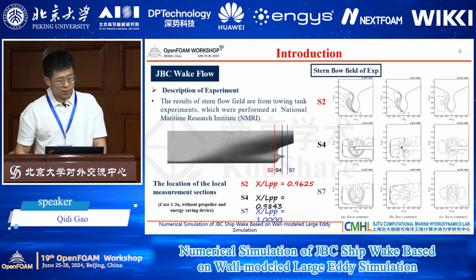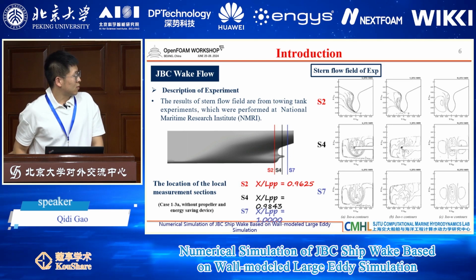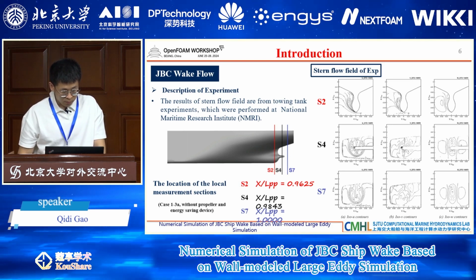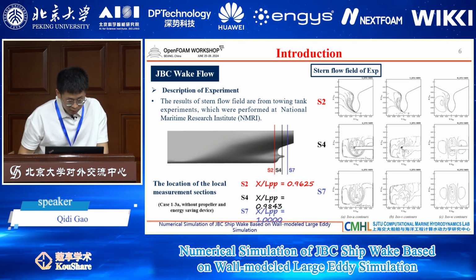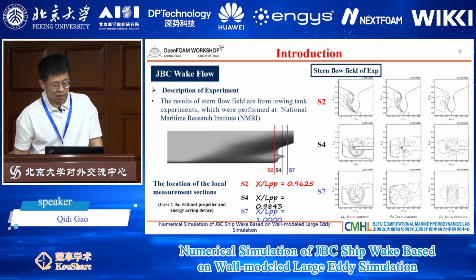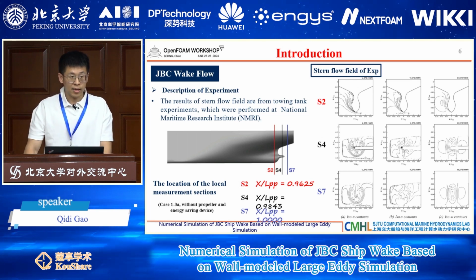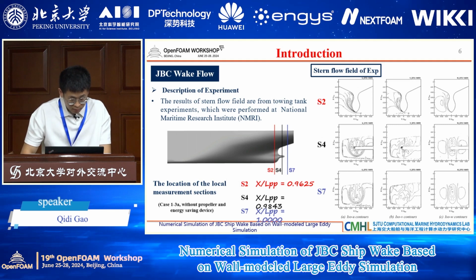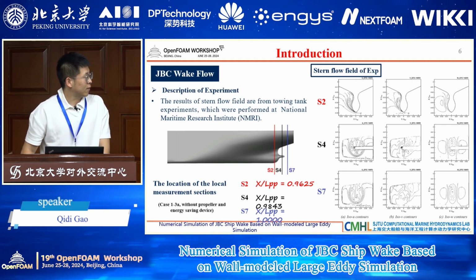In the model experiment, the results of the stern flow field are from towing tank experiments performed at the National Maritime Research Institute, which we call NMRI. It has three slices of the ship wake: S2, S4, and S7.